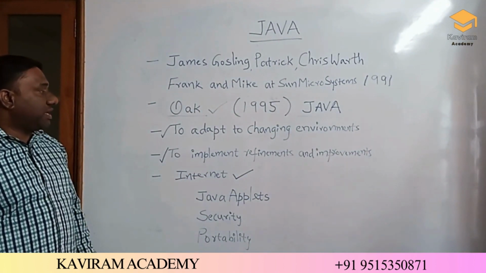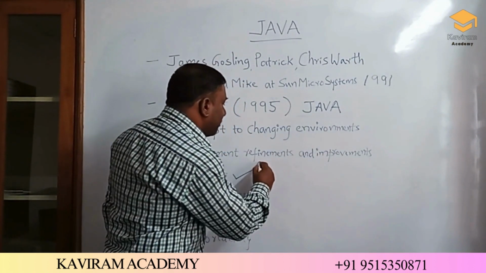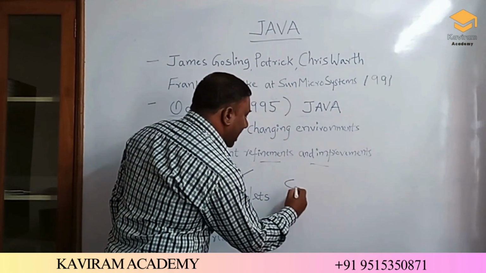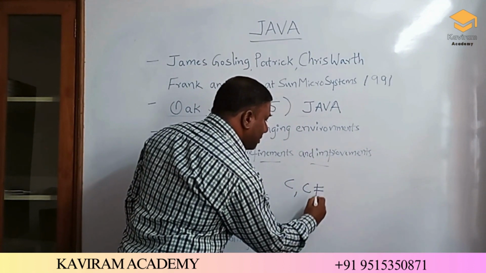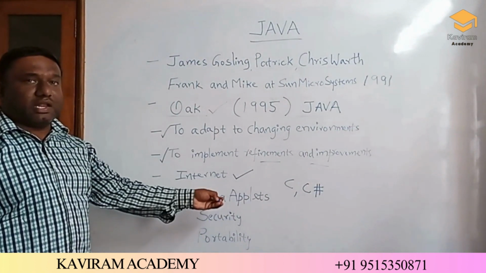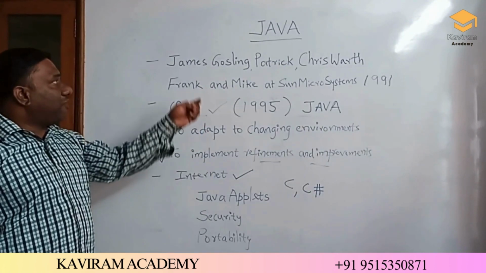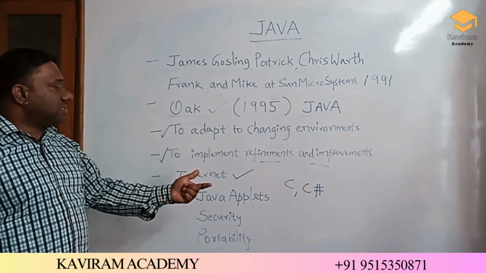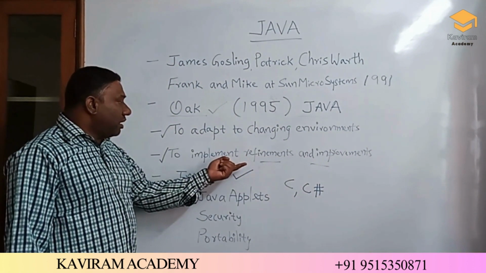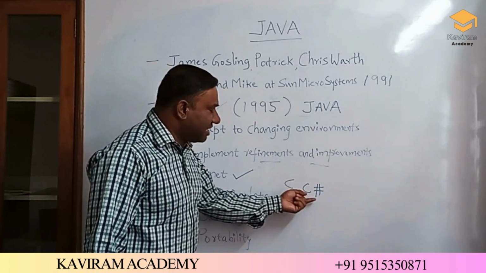The next factor is to implement refinements and improvements. We know that C and C++ are two programming languages that were popular before Java. Java came into existence and supports the refinements and improvements over C and C++.